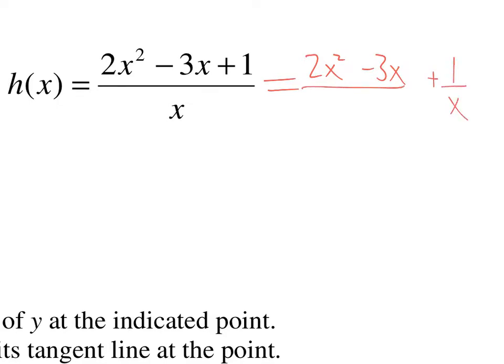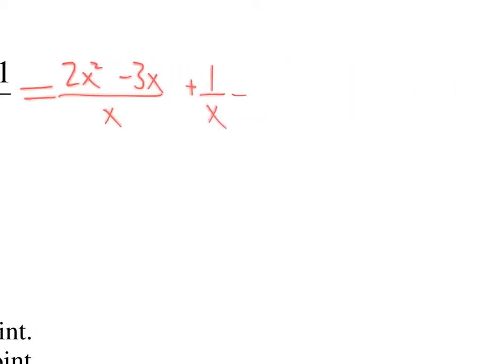Okay, so you have each of these over x. Okay. And then this is equal to 2x minus 3 plus x to the negative 1. Yeah, that's good. You see here those first two terms have a common factor of x, so those can cancel out with the denominator, making it 2x minus 3, and then the last part there is just an x to the negative 1.